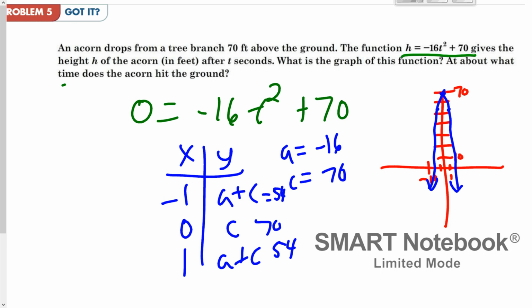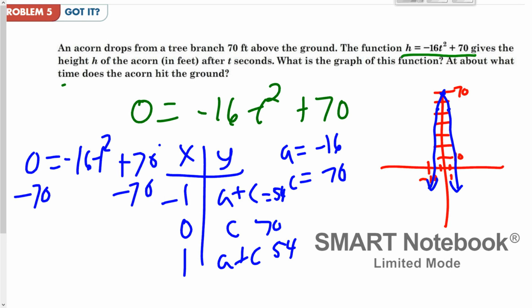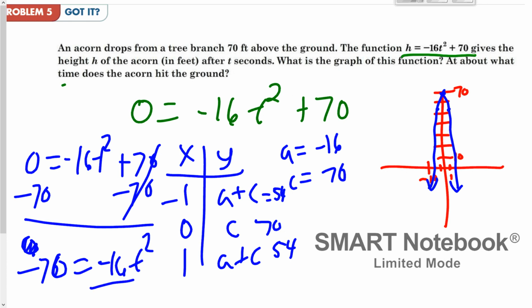Now we set it equal to 0. We can solve for t by subtracting 70 from both sides, because we're adding 70, so we need to move that. So we do the opposite, get rid of it. We have -70 equals -16t squared, divided by -16.